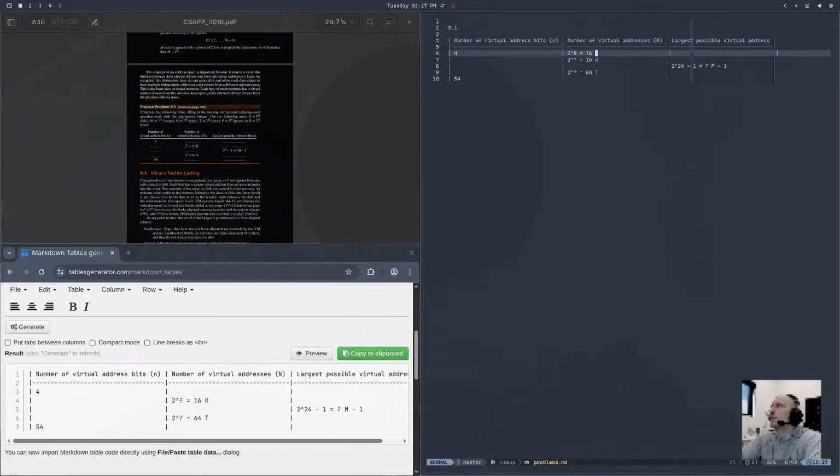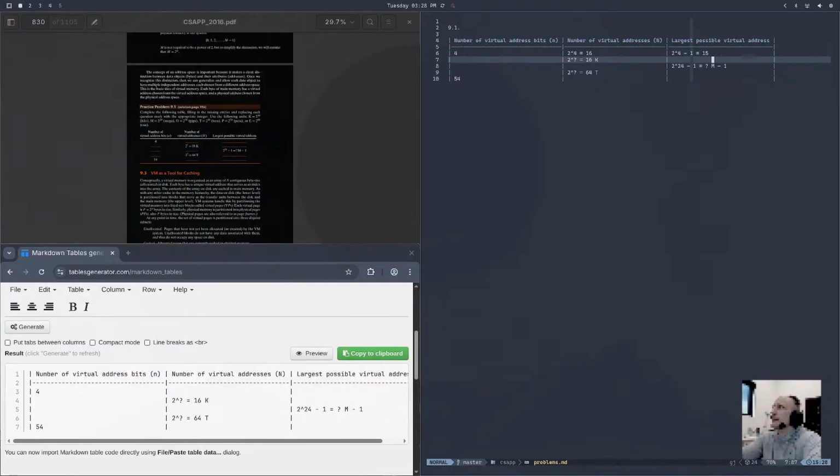Largest possible virtual address space would be 2 to the power of 4 minus 1, which is equal to 15.